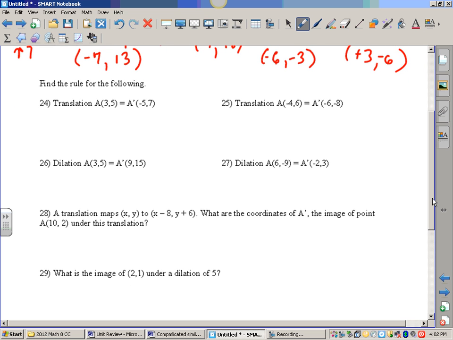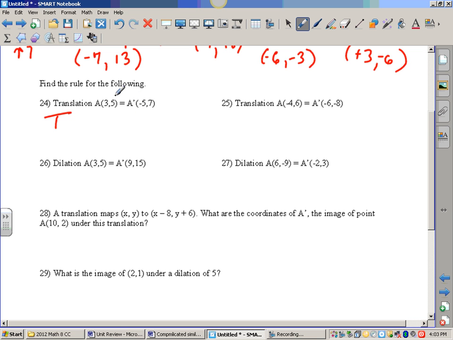All right, so now we're going to do kind of the opposite of what we were doing. Instead of me giving you a rule and then changing the coordinate, I already changed the coordinate for you, and I'd like you to figure out the rule. So if I started at 3, 5 and ended up all the way over at -5, 7, I want to know what happened. Well, capital T for translate.